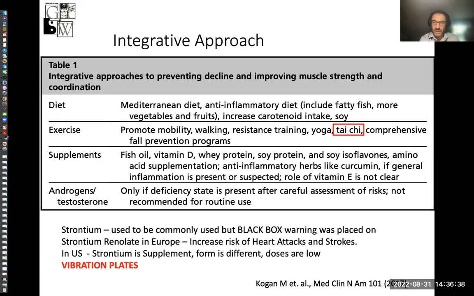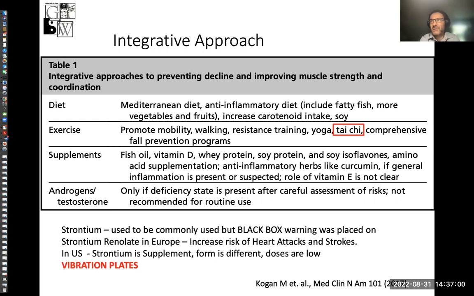Quite interesting that out of all kinds of exercise prevention programs, only very specific, comprehensive full programs in Tai Chi seem to kind of win the race. We used to think that straight weight training was essential. Turns out it is not. Tai Chi turns out to be way more important.